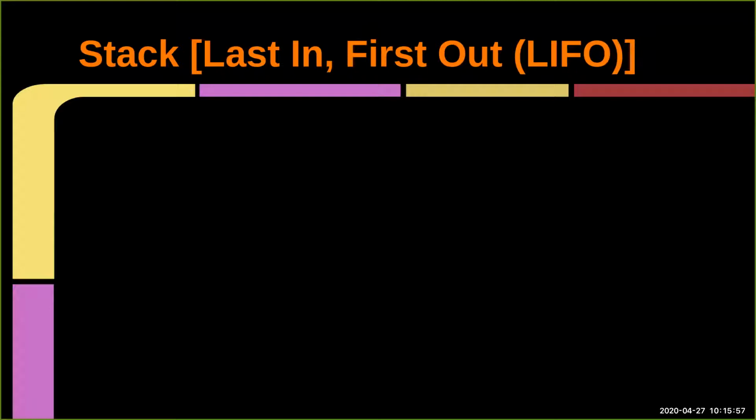And so a stack is called last in, first out, or LIFO, right? The last one that you put on top of the stack is also going to be the first one that you get when you go to grab a plate. So the first one that you put in will be the last one that you get out, right?